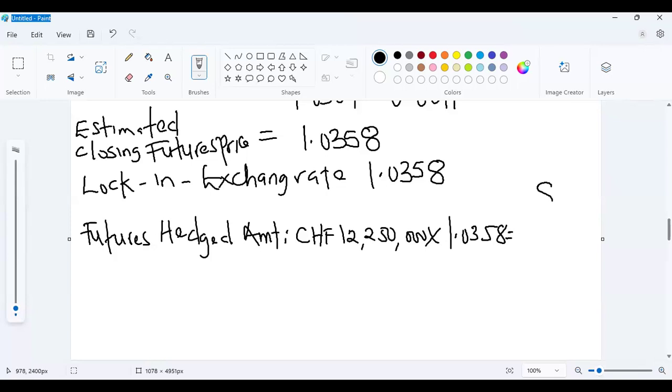Please convert for that amount. The dollar amount. What do you have? 12,688,550.